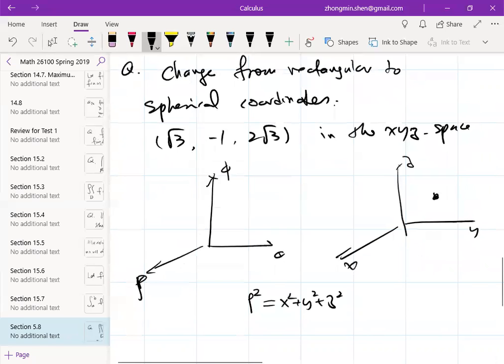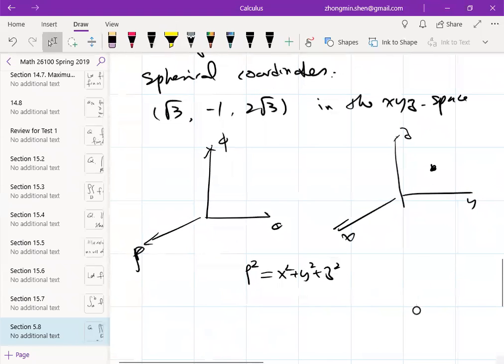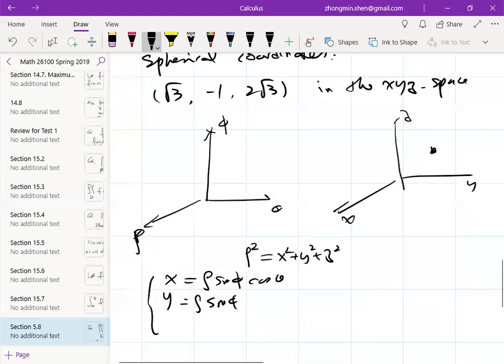I have to determine rho, theta, phi, using x equals rho sine phi cosine theta, y equals rho sine phi sine theta, and z equals rho cosine phi.